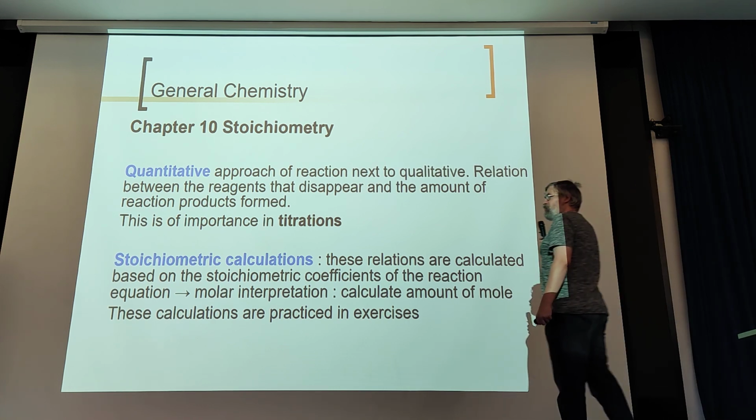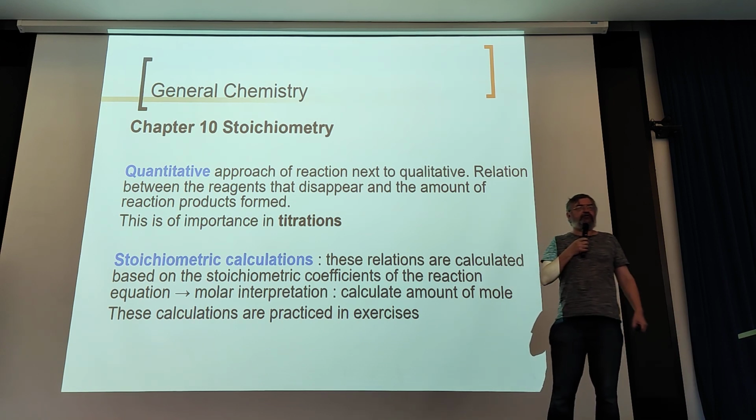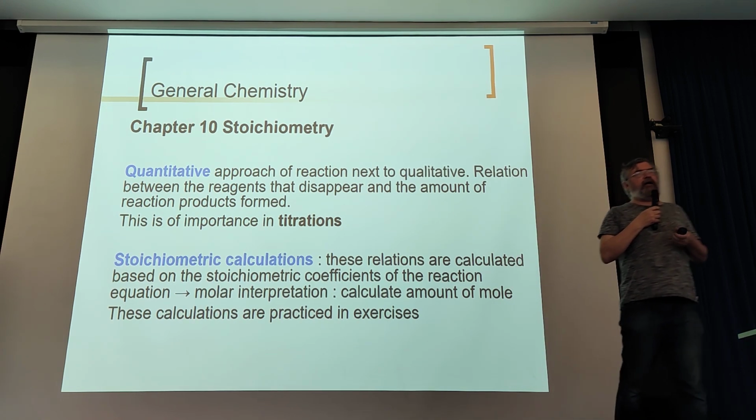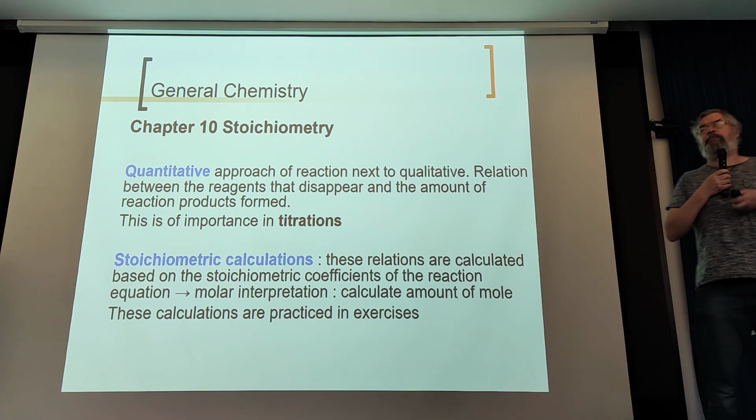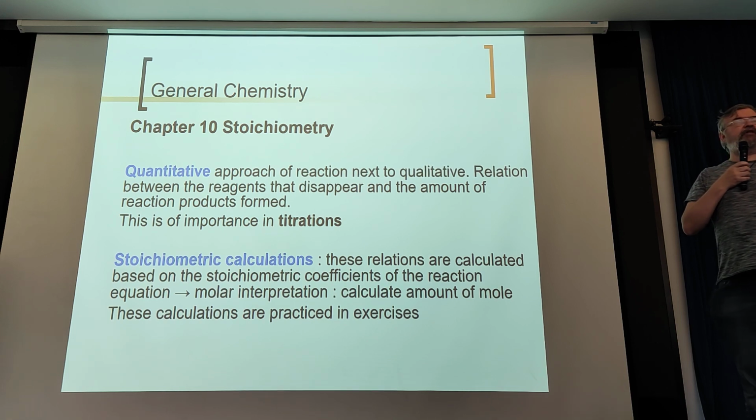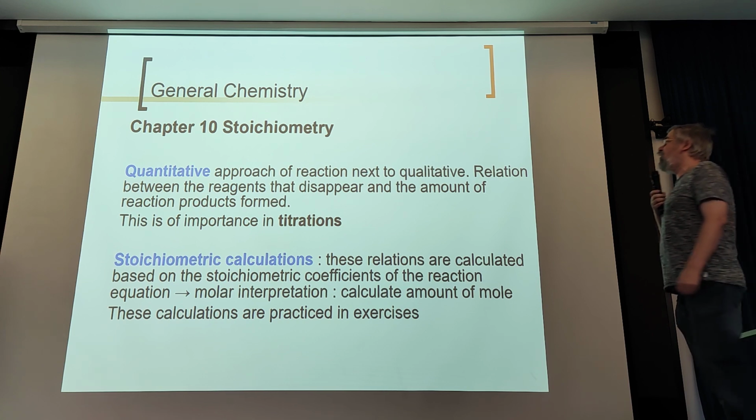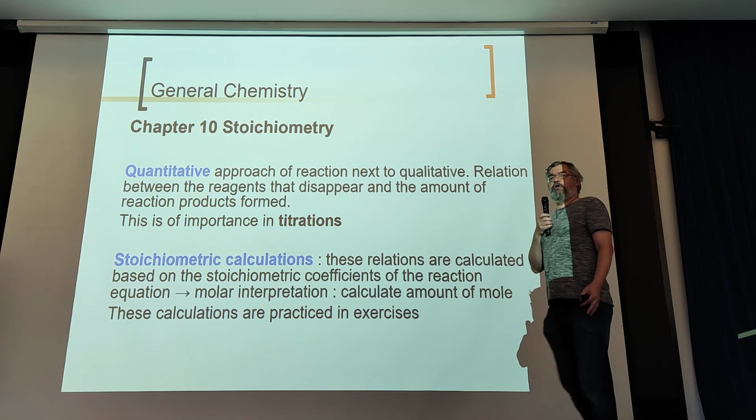Let me first explain to you what we understand by stoichiometry. It's in fact a quantitative approach. It means we calculate things. We want to know the numeric value of things in a certain reaction.